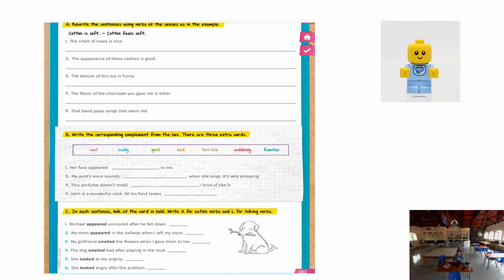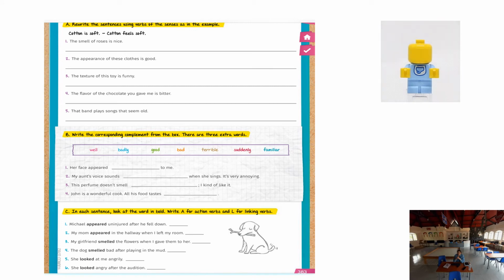Then you look at each one and decide if you're going to use look, smell, taste, sound, or feel. Then on exercise B, use the words from the box.